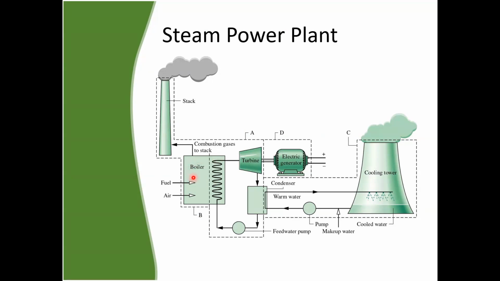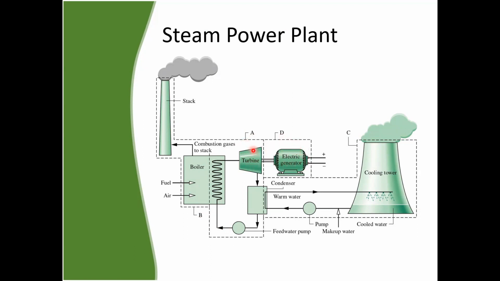So what happens to the combustion gases? They are released to the stack. Okay, this is called the stack. And then the water becomes superheated steam, and now the steam expands in the turbine, where the turbine drives the electric generator.